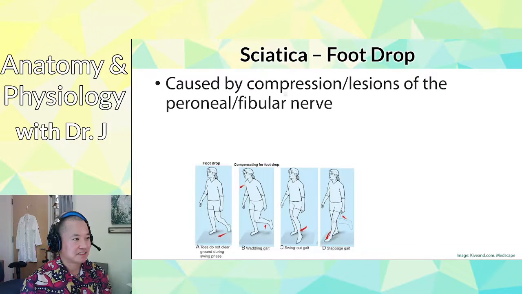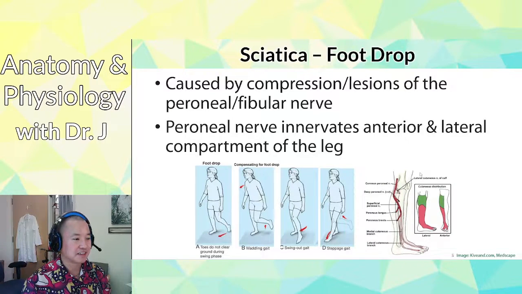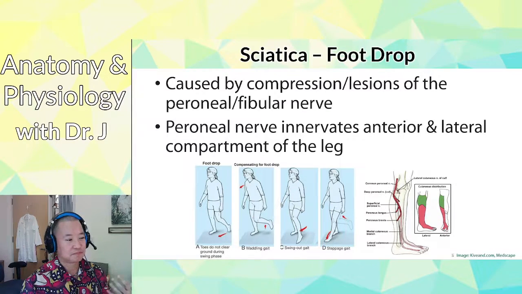But foot drop is caused by compression or lesions of the peroneal or fibular nerve, so this is more in the lower leg. When you have compression of the peroneal nerve, what does it do? It innervates the anterior and lateral compartments. We didn't cover compartments too much in that 100 level, but basically the muscles in the front of your leg and on the side of your leg are affected by this and they're going to have loss of function or less function.